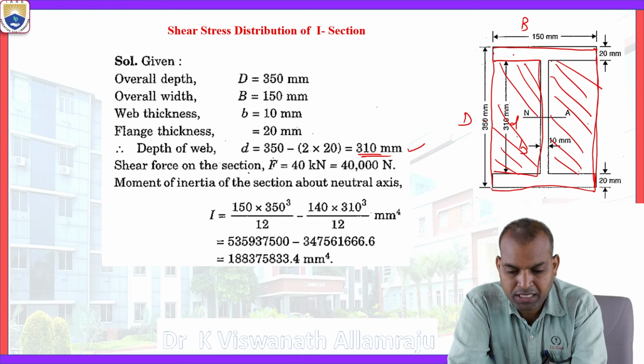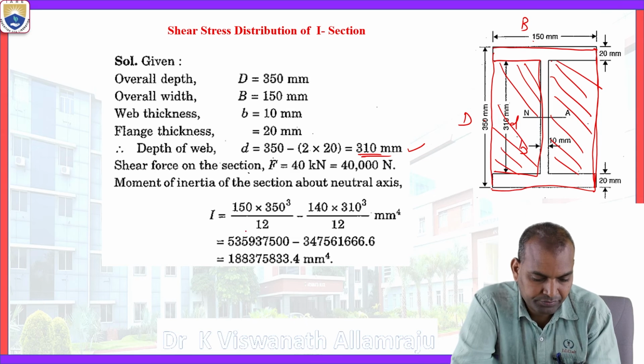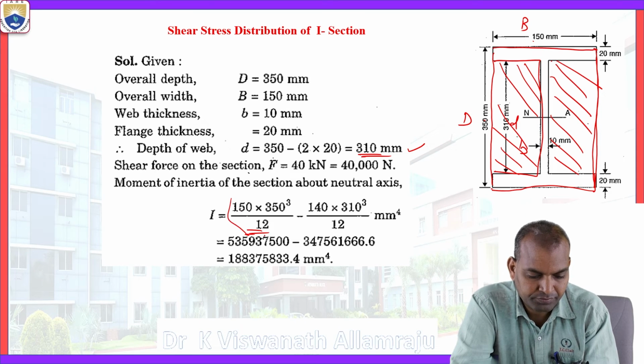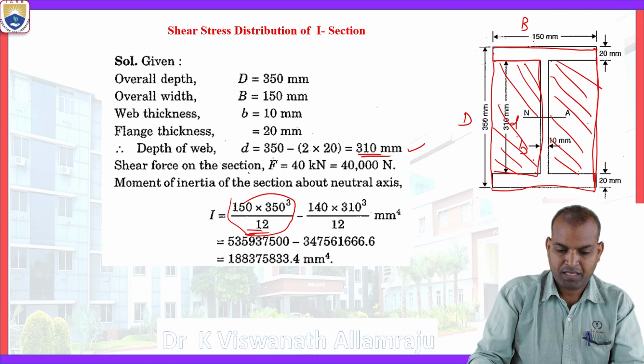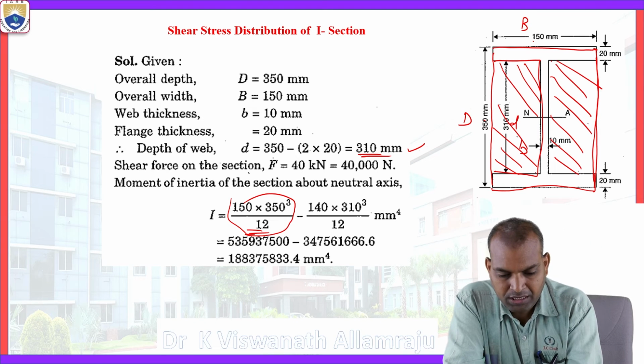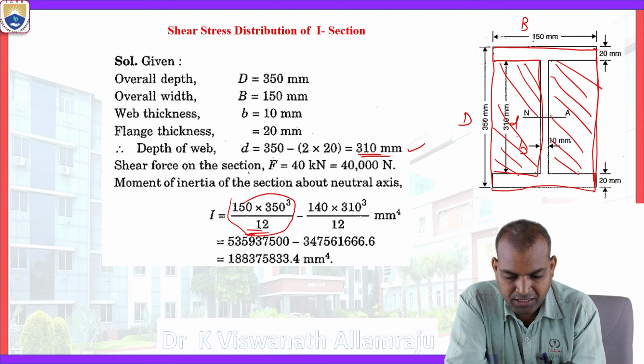So outside this is BD cube by 12, 150 times 350 cube by 12, minus, subtract this portion. What is this portion? The depth is 310. What about the width here?